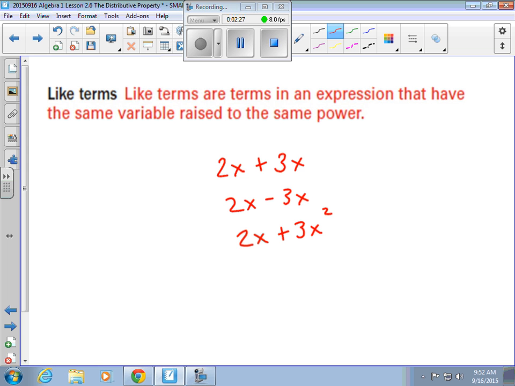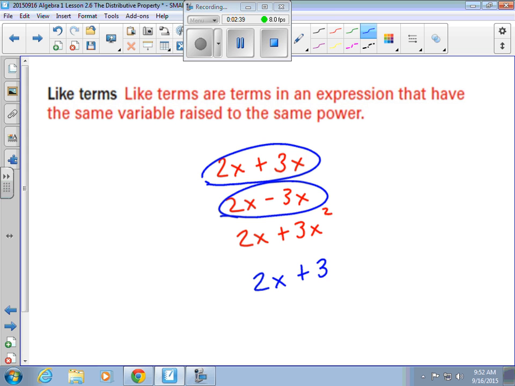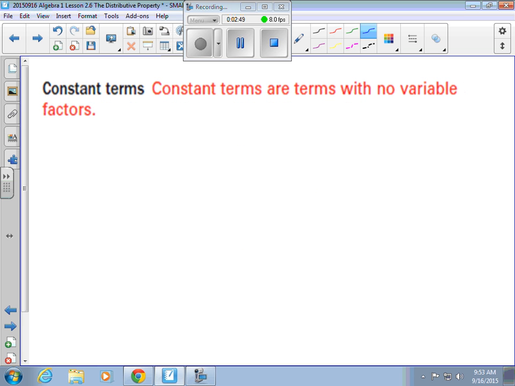You can combine these and get 5x. You can combine these and get negative 1x, but you cannot combine the other ones at all. Just like you can't combine 2x plus 3y or 2x plus 3. You can't combine any of those either, because they don't have the same variable raised to the same exponent.